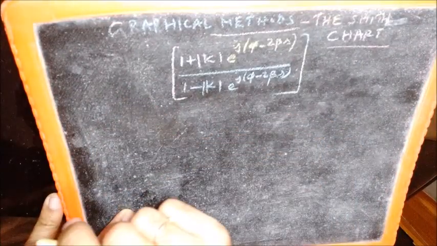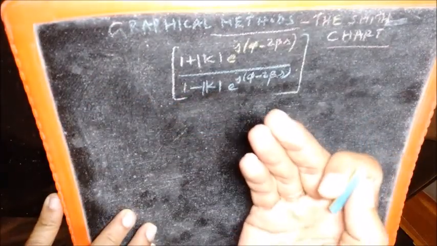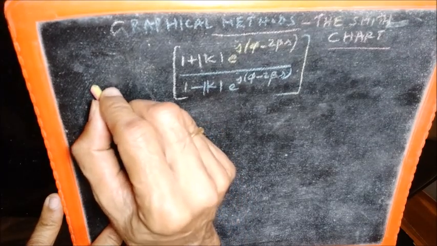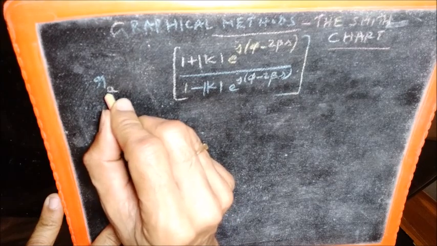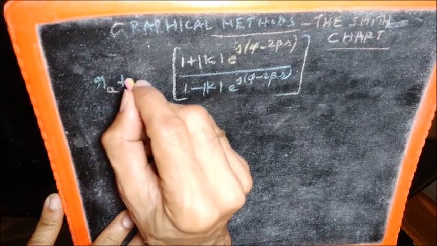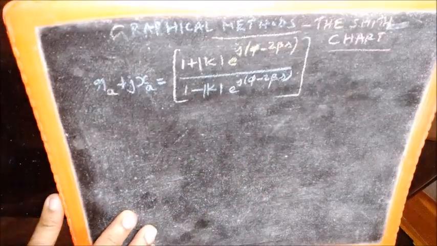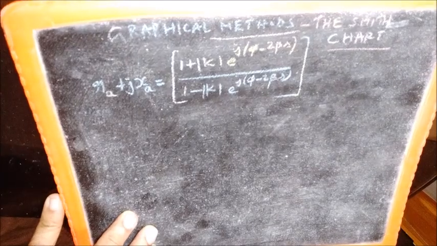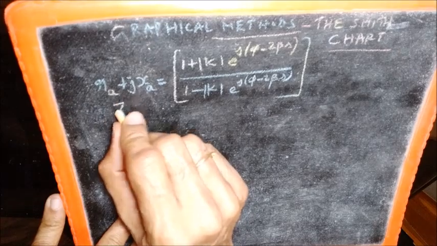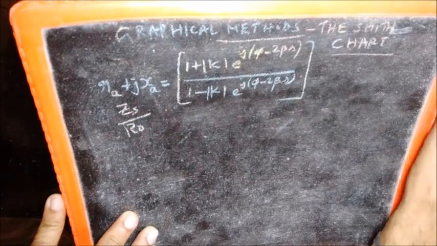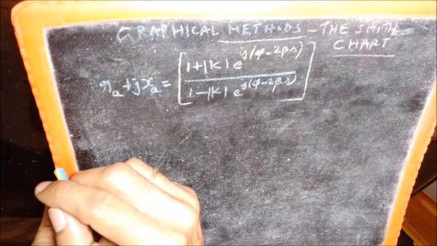R0 is of course resistive, but when you take the ratio, since the numerator can have a resistive and reactive part, this will in general have a resistive part, which I will write with small letter r subscript a, plus j, a reactive part, x subscript a. So r subscript a plus j x subscript a is nothing but ZS by R0. We have it like this.